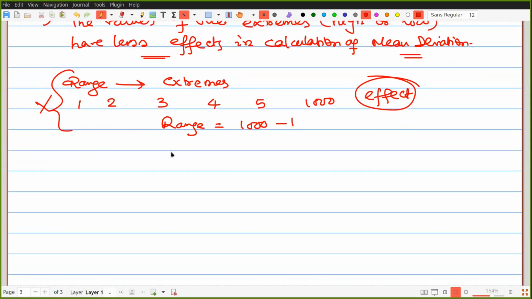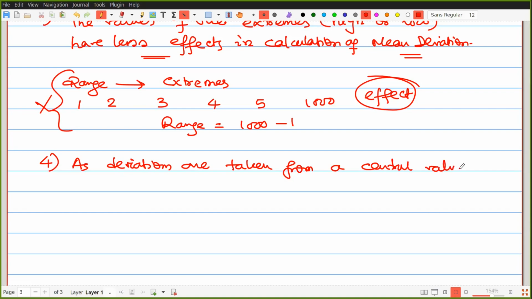And finally, the last merit that is also very important: as deviations are taken from a central value. Why the central value? Because we are considering the mean or the median. That means the measures of central tendency, the two most important, mean and median, are involved.